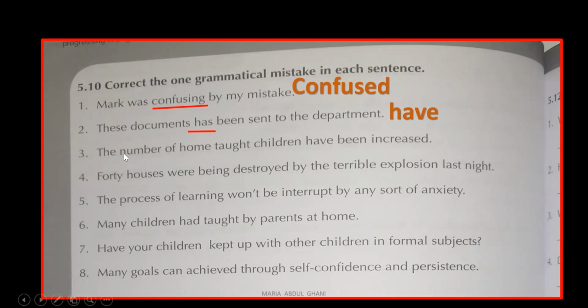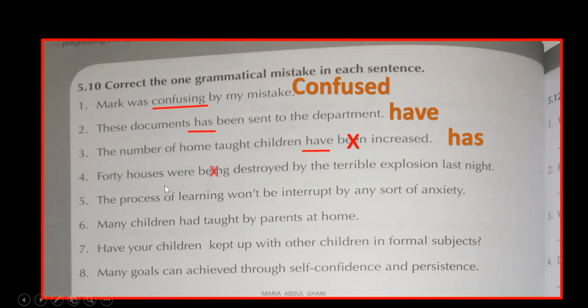And if you remember in the subject verb agreement lesson, the number is singular. So what should you say? Instead of the number of home-taught children have been increased, you should say has, and you have to delete been. It's not a passive voice verb. It's an active voice verb. And here the number takes has and not have.